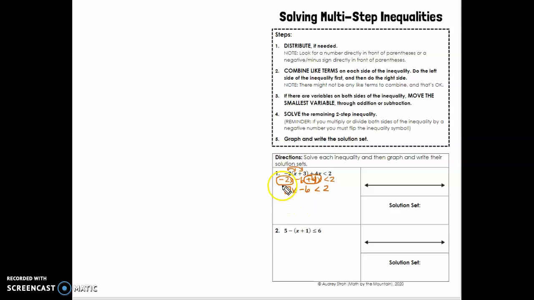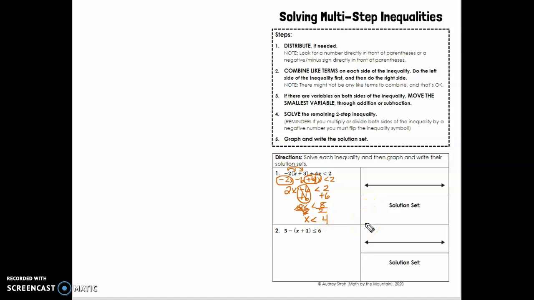I have my variable that I need to isolate. That means that -6 has to move by inverse operations. I'm going to add 6 to both sides. That zeroes out, and 2x is less than 8. Divide both sides by 2 to further isolate the variable. That equals a 1. So now I have x is less than 4.